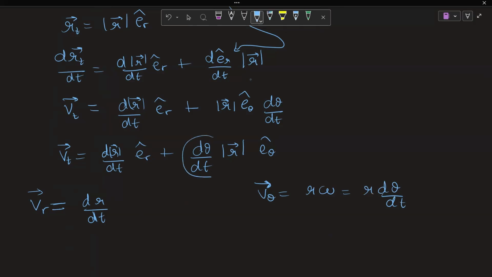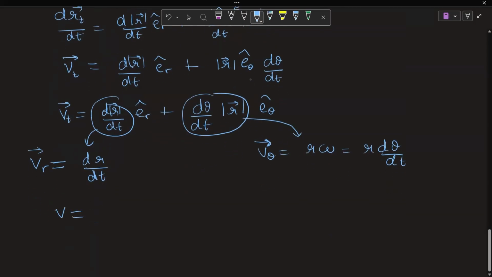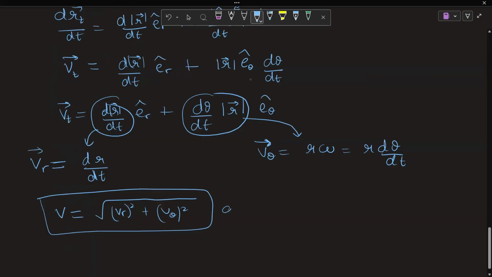And if we have to write the velocity at any time t, the magnitude, we simply write v equals square root of vr squared plus v theta squared. We get the magnitude of velocity at any time t.